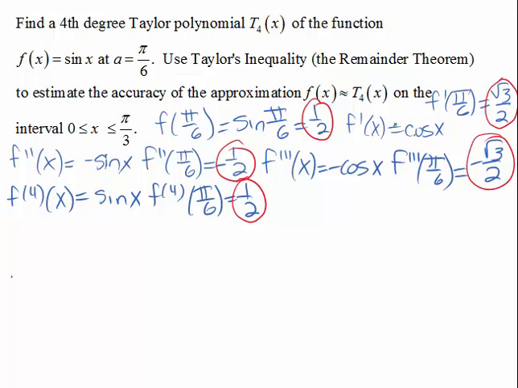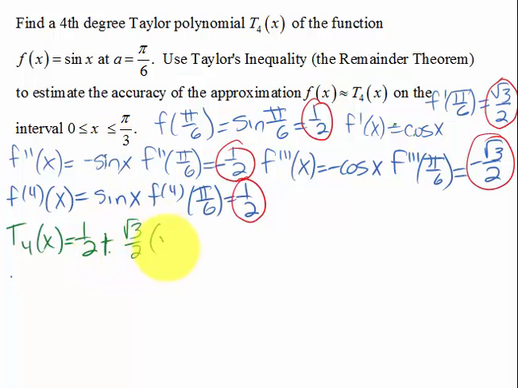So we can write this Taylor polynomial of degree 4, and that's going to be 1/2, plus square root 3 over 2, and that's going to have x minus pi over 6 because we're centered at pi over 6.